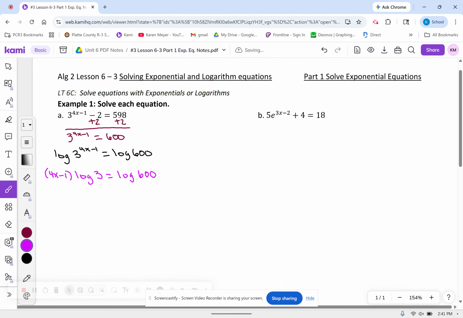Now I want to get the parentheses part by itself, so I want to get rid of that log 3 on the left side. I'm taking that parentheses times log 3, so in order to get rid of that, I would just divide the log 3 away.